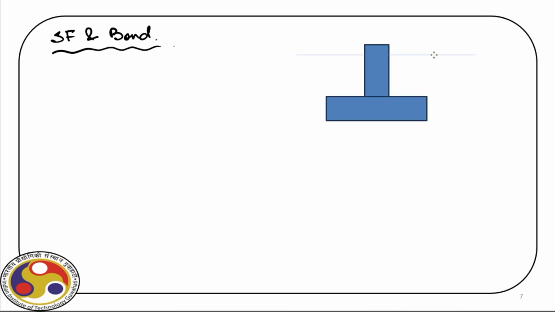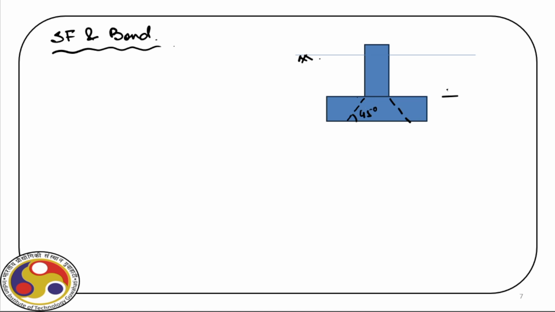For this type of column, if we design the foundation against shear force, two situations arise. The first one is what we call one-way shear. Let us identify first the critical location. As I already explained, below this foundation the load will be distributed over an area, and for the shear force, load distribution at a 45-degree angle is important.